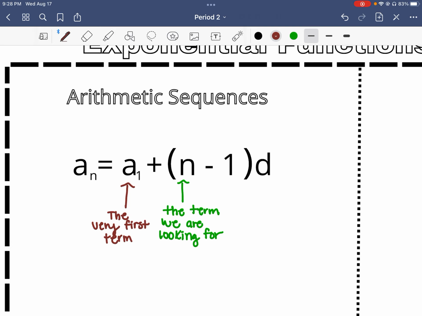So the first term would be the first one in line, second term would be the second one in line, and so forth. And we usually denote it with an A, and we use the term right here as this little one, as a subscript. Looks like an X when it fits below. Our N is again seen right here. So again, this is the term that we were looking for. So this one goes with that one over here.